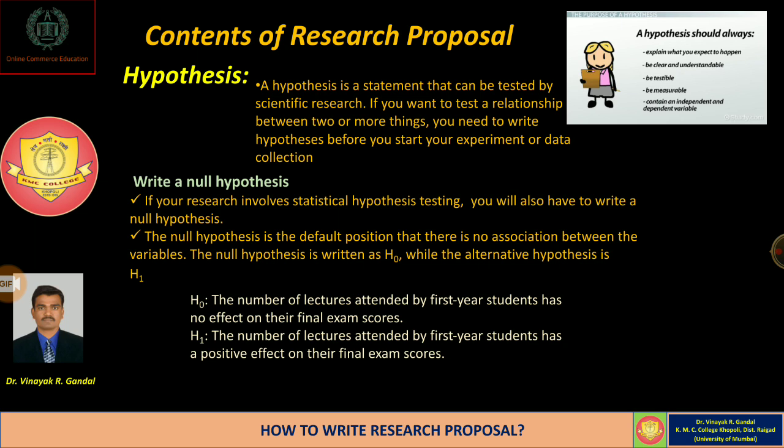It must be measurable, and hypothesis contains an independent and dependent variable. Means there must be an independent and dependent variable in each hypothesis. So the optimum hypothesis should be selected by the learner while drafting a research proposal or while doing a research project. Okay.